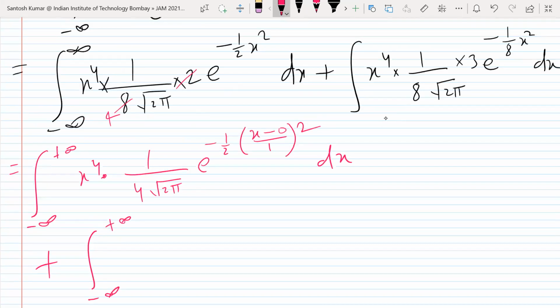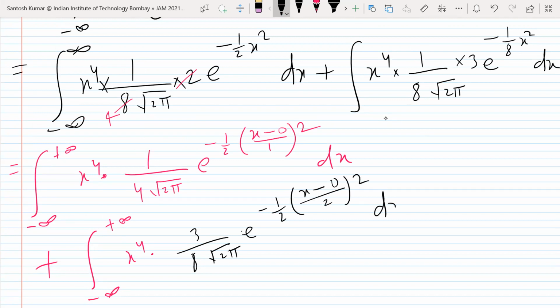Look at the second term. x^4 into 3 by 8 root 2 pi, e raised to power minus half, and I have to write it into that form: minus half ((x minus mu), which is 0, upon 2) whole square. You can write the second term like this.